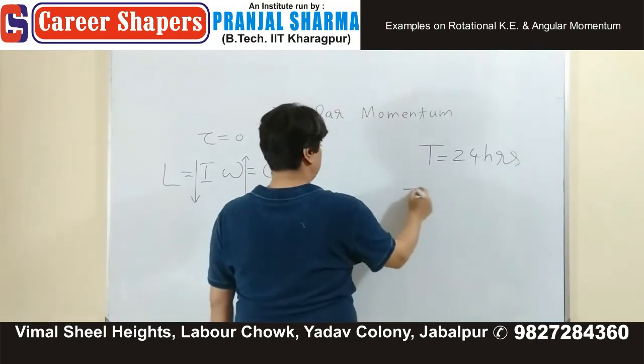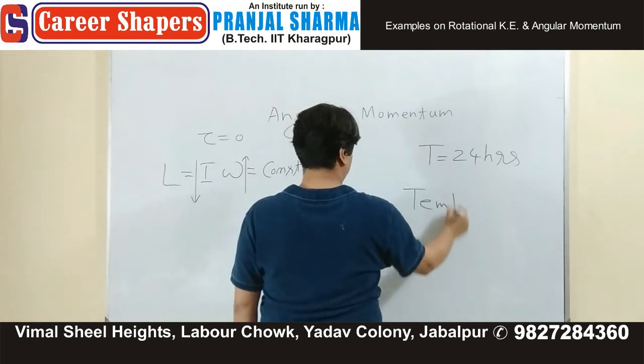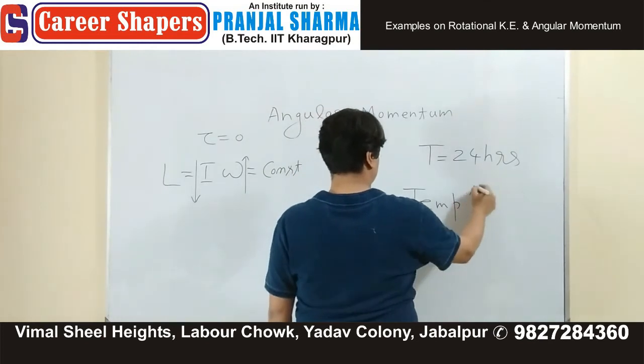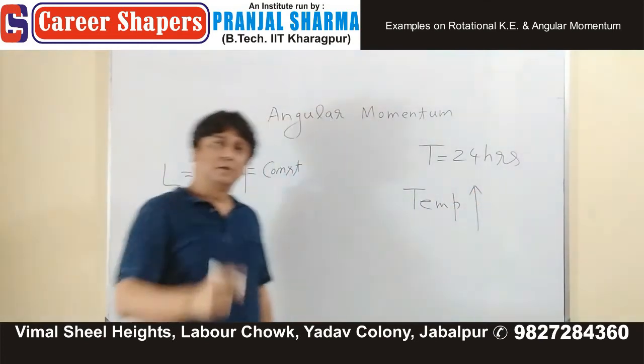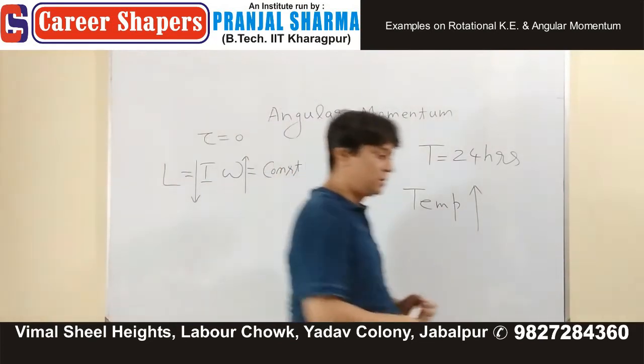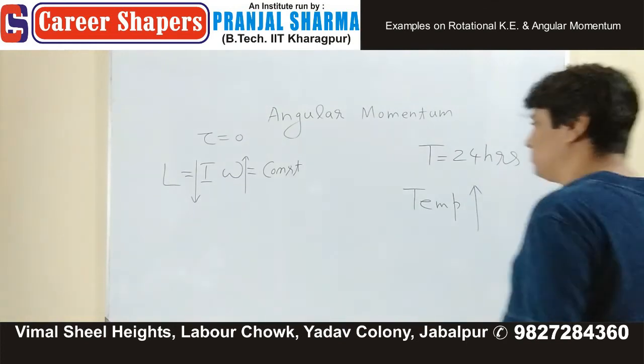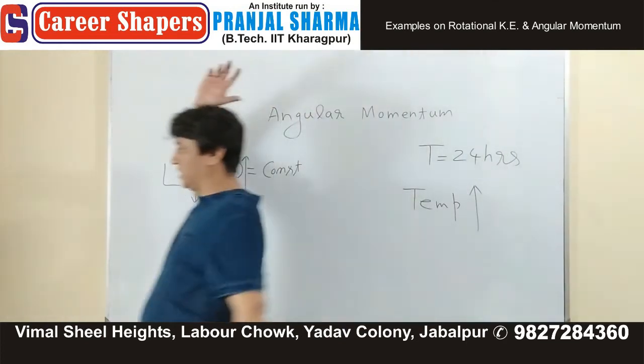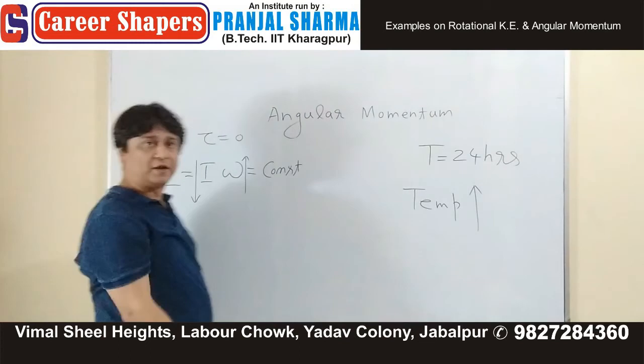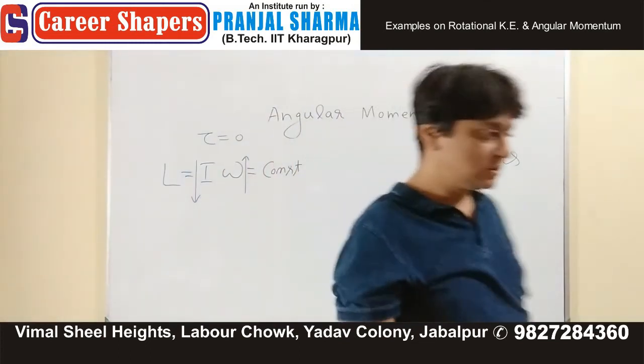So if you increase the temperature of Earth due to global warming, then what effect does it have on duration of day? It will remain same, it is going to increase, or it is going to decrease. You need to answer these things.